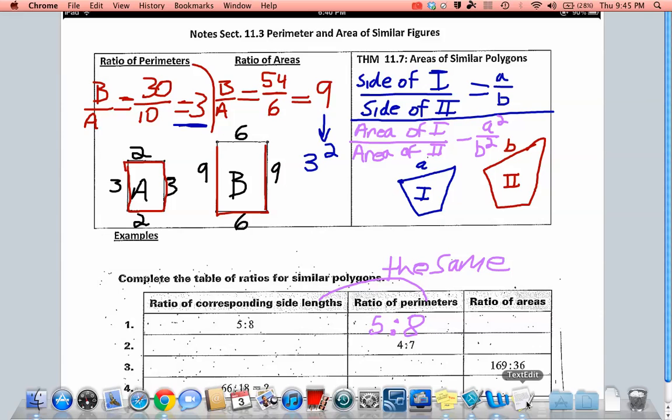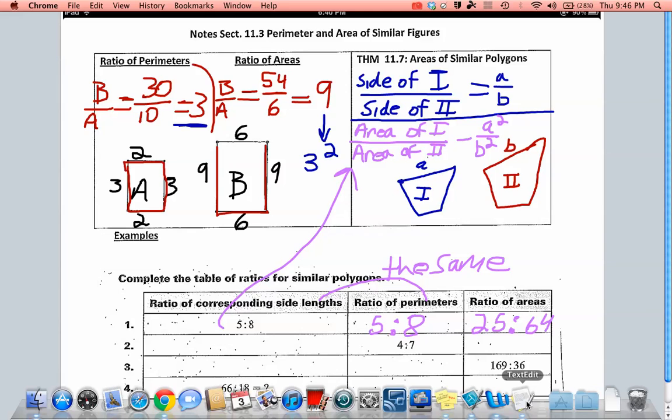So there's really no difference between 5 over 8 or, you know, A over B. But we'll leave that just as 5 to 8. The ratio of the areas is going to be 5 squared to 8 squared, which is 25 to 64.